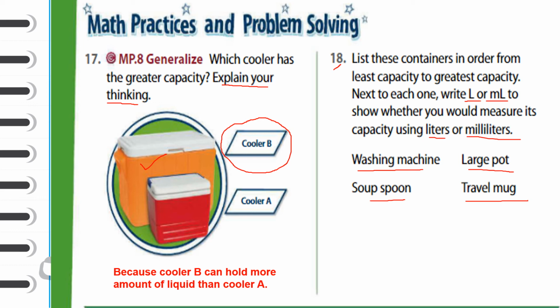Excellent, liters. Okay, then we have a large pot, a large pot. Excellent, liters. Then a spoon which you use to drink your soup. It can hold the soup in liters or milliliters. Excellent, milliliters. A liter is too much for a spoon.